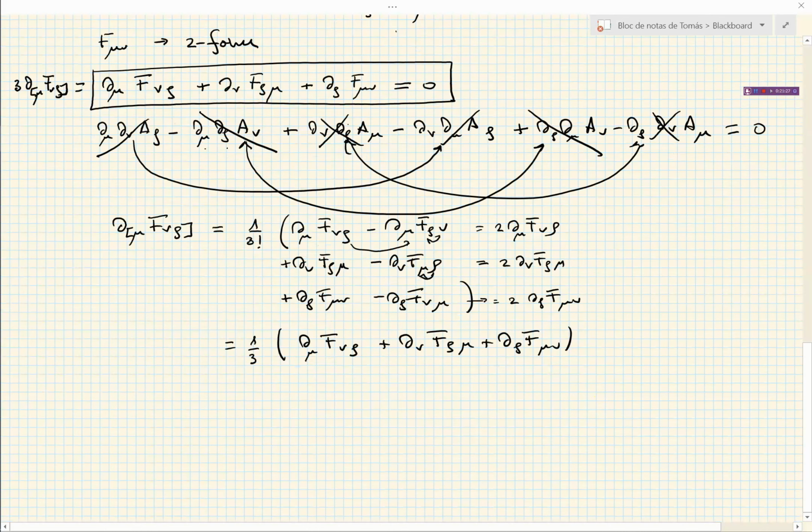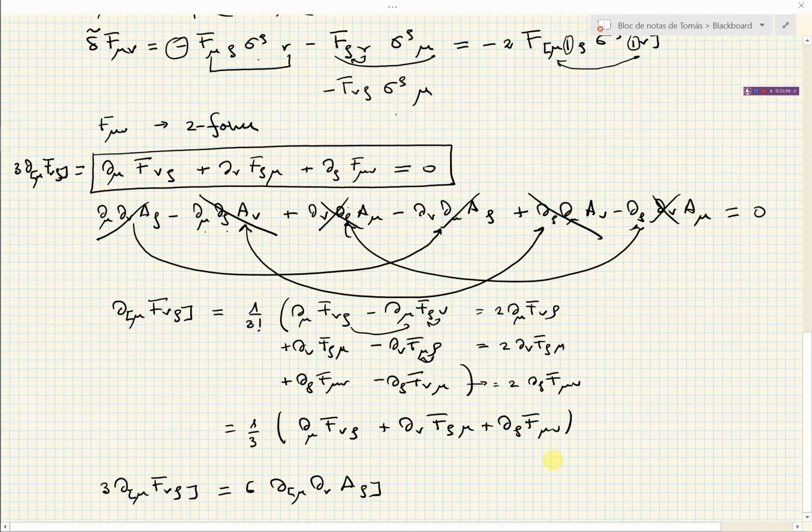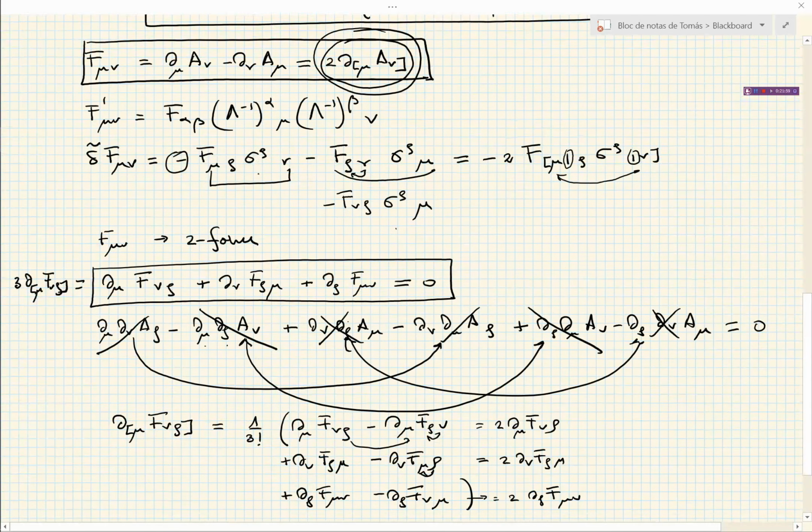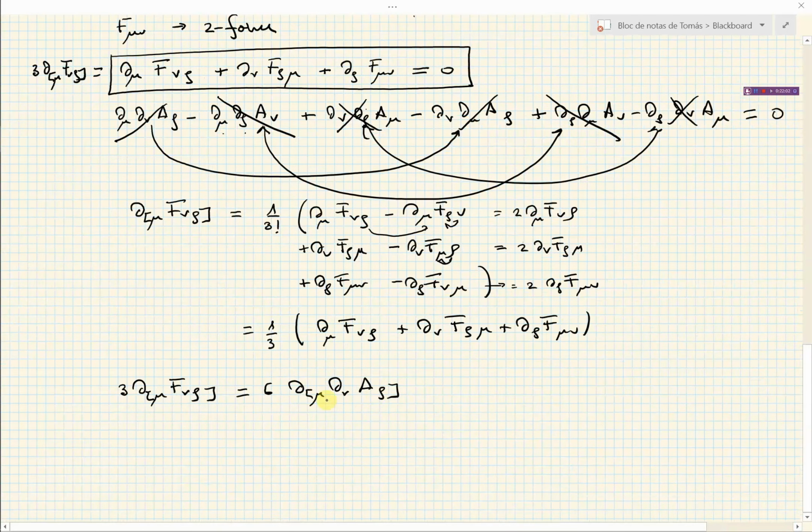And if I write this identity in this way, it is much easier to prove that this identity is satisfied, because I have that this is 6 times partial mu partial nu A rho. I have used that F nu rho is 2 times this antisymmetrization, and of course this is antisymmetric. I put it inside a full antisymmetrizer.